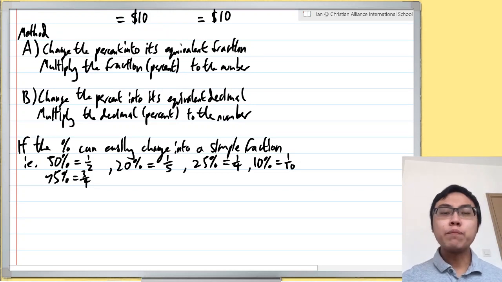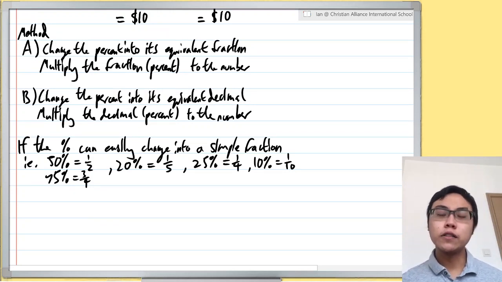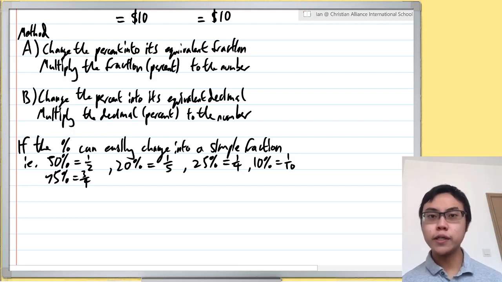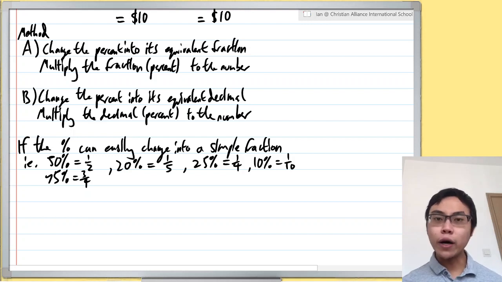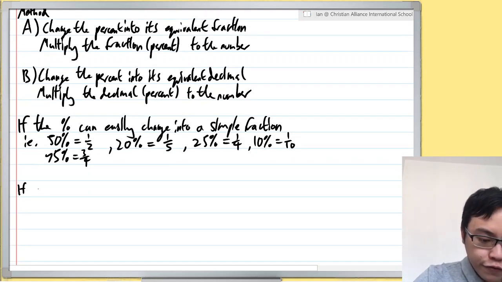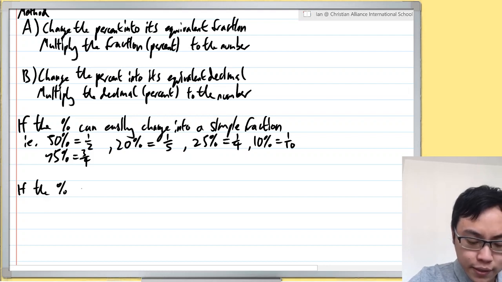Now, if that percent cannot easily change into a fraction, then we need to change it into its equivalent decimal. And we know how to do that. We did that last lesson.